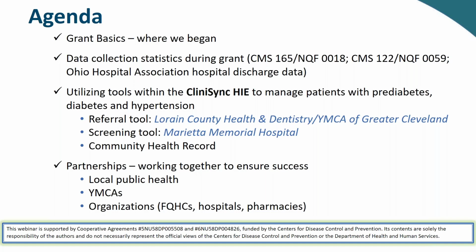Although there were numerous community activities supported through this grant, our portion of the grant work included gathering data on diabetes and hypertension from all 88 counties, both as inpatient statistics and as ambulatory quality metrics. We also supported optimizing EHR systems to better track and report on these quality metrics, as well as providing education on prediabetes and hypertension. Many of you on this call were partners in compiling this data, and hopefully you will be very pleased with these results.